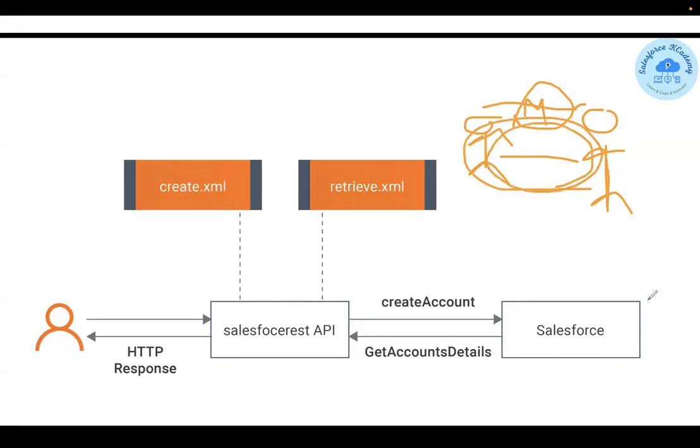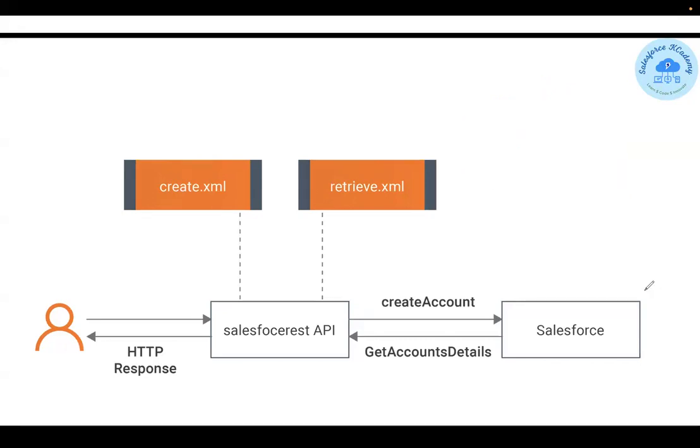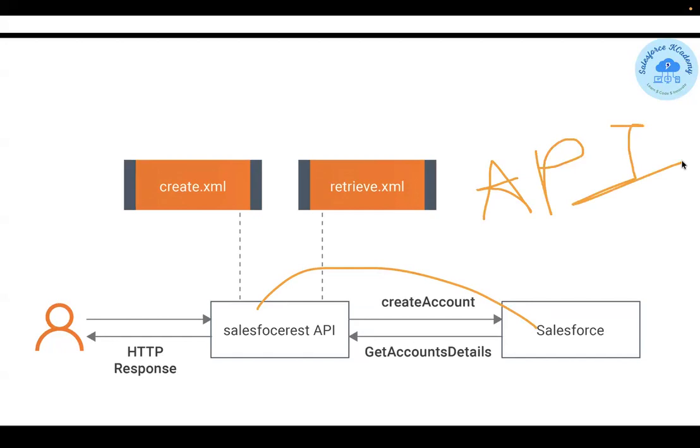Similarly, when two different applications, two different softwares want to talk to each other, then we say application programmable interface, API. So if I want to talk between two different Salesforce organizations, suppose I want to send the data from my institute to Soumya's company.